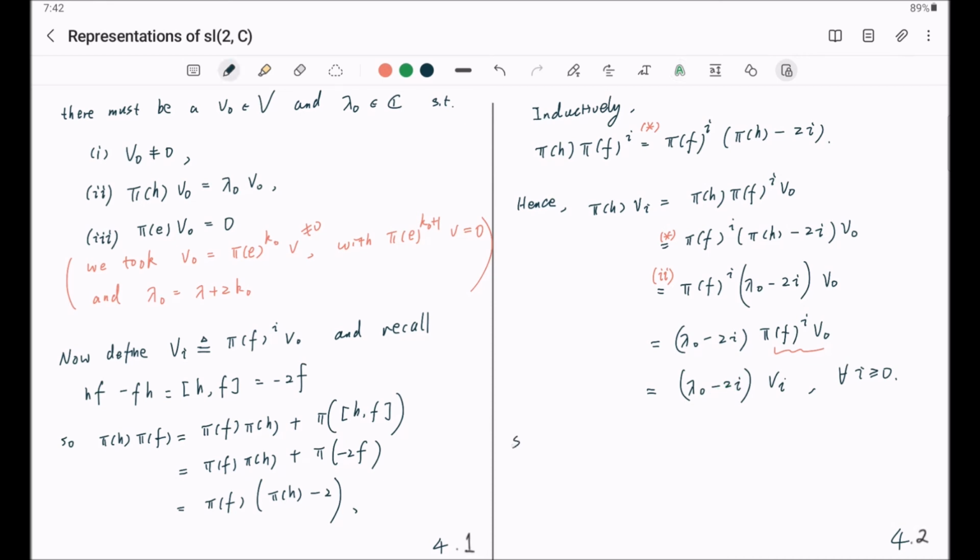Now since lambda naught, lambda naught minus 2, lambda naught minus 4 are distinct, v0, v1, v2 are linearly independent if non-zero.